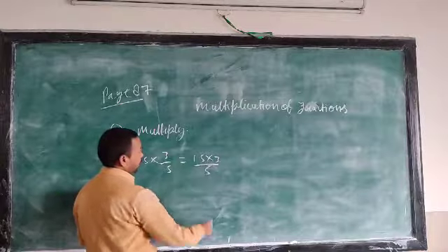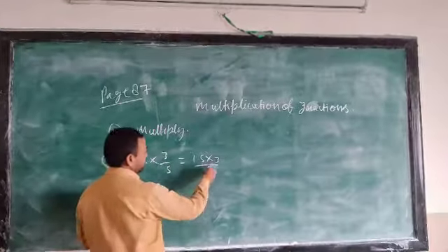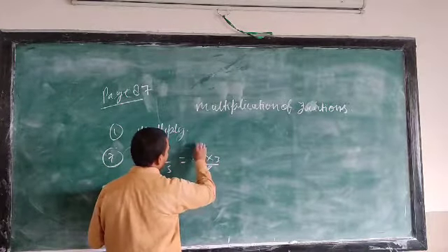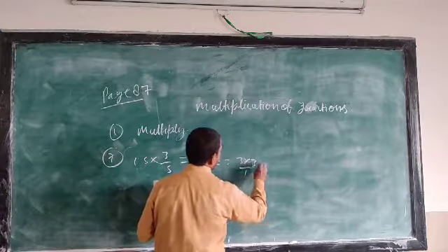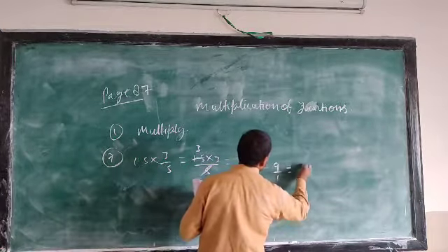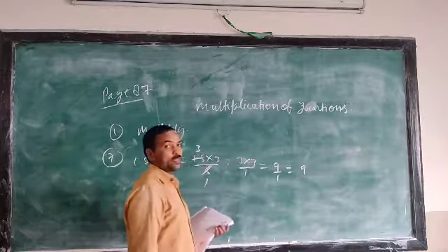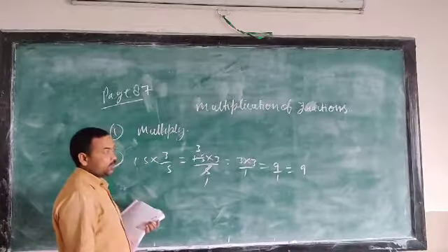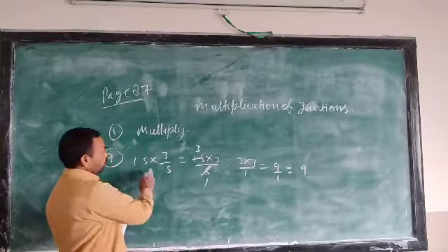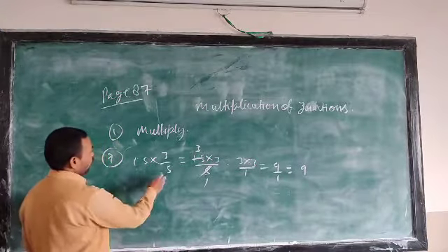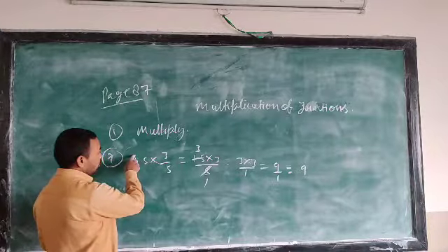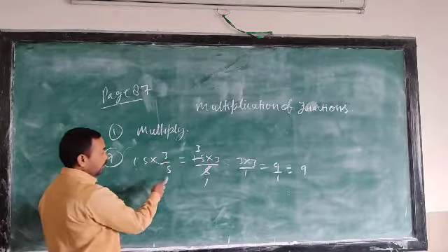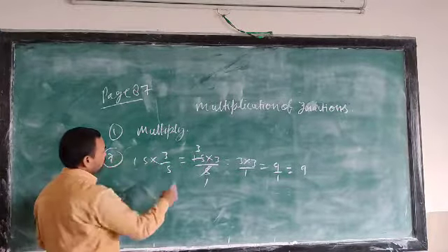And see, 15 and 5 are both divisible by 5. You can reduce those terms, 5 into 3 is 15. So you get 3 multiply 3 by 1, that is 9 by 1, that is the answer 9. 9 by 1 is 9 divided by 1, it means 9. So you can do it any way. Anybody can do it directly from here. 5 by 5, 5 threes are 15. So here 3 multiply 3 divided by 1 is meaningless. So the answer will be 9.